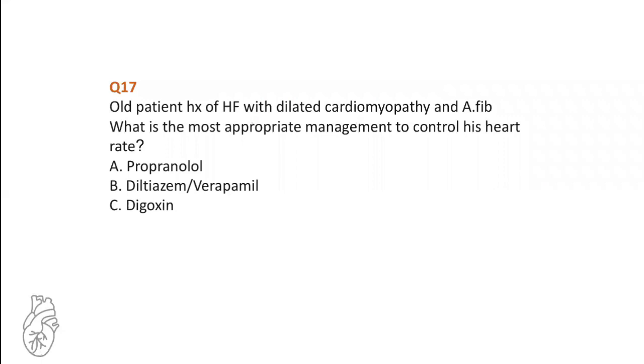A patient with a history of heart failure with dilated cardiomyopathy and atrial fibrillation. What is the most appropriate management to control his heart rate? Propranolol, diltiazem, or verapamil, or digoxin?